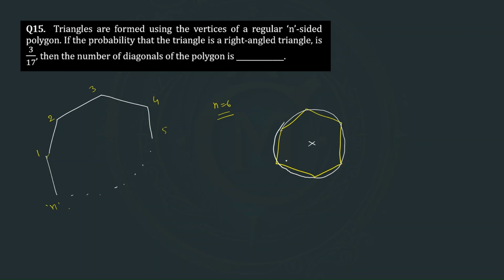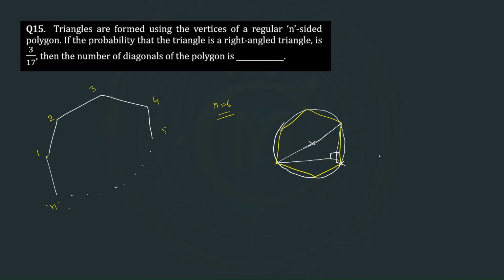So as these 2 points are opposite to each other, if we join them, then this will be the diameter of this circle. Then among the rest of the points, if we choose any of those 4 points, let's say we choose this point, then if we join this point with this and this point with this, we will get a right angle, because we know the angle subtended by the diameter of the circle is always 90 degrees.